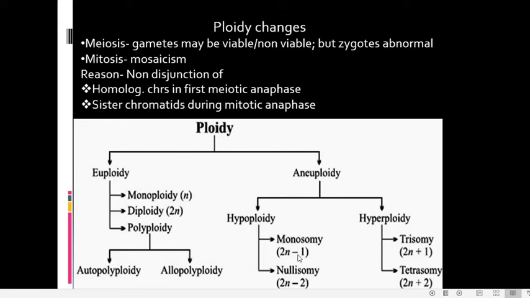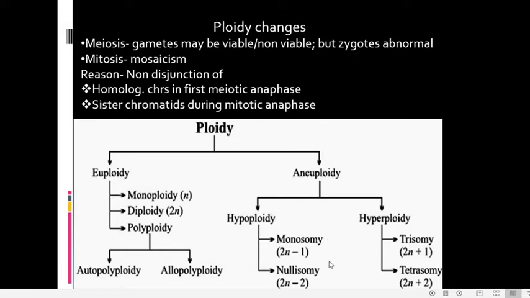If one chromosome is lost, then it is called monosomy, which can be indicated as 2n minus 1. If 2 chromosomes are lost, then it is called nullisomy, which is denoted as 2n minus 2. So these are examples of hypoploidy, where there is loss of either individual chromosomes or one pair of chromosomes.